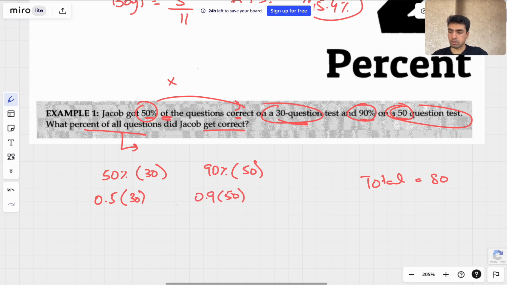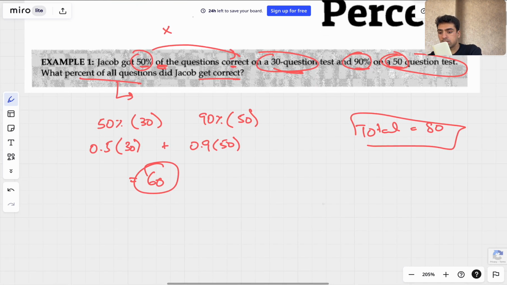Because we're finding the total, we add them together. If you solve this, 0.5 times 30 plus 0.9 times 50 is going to be 60. So in total, we have 60 questions that are correct from 80.